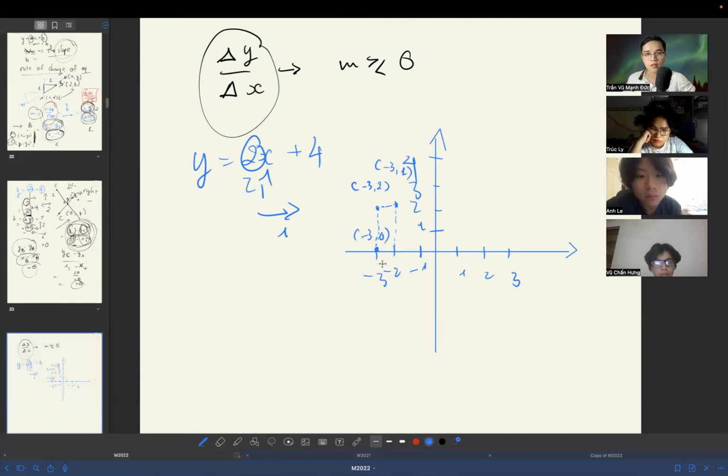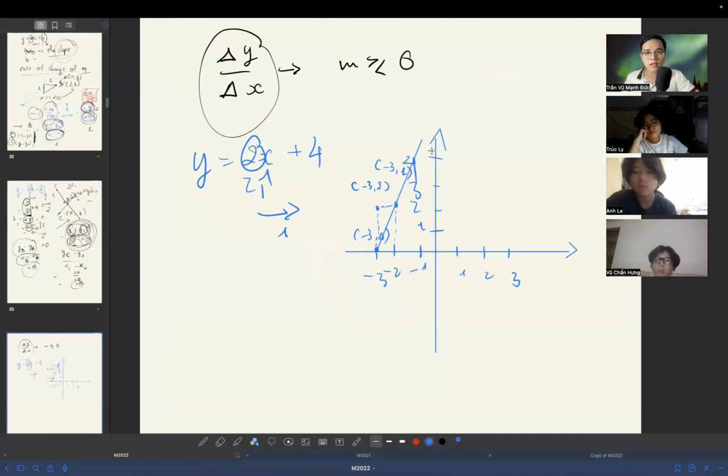All right, if I draw a line between these 2 points, I will have a graph. Oops, this is so bad. It's not really perfect because I drew it so slanted, but you get the idea, right?